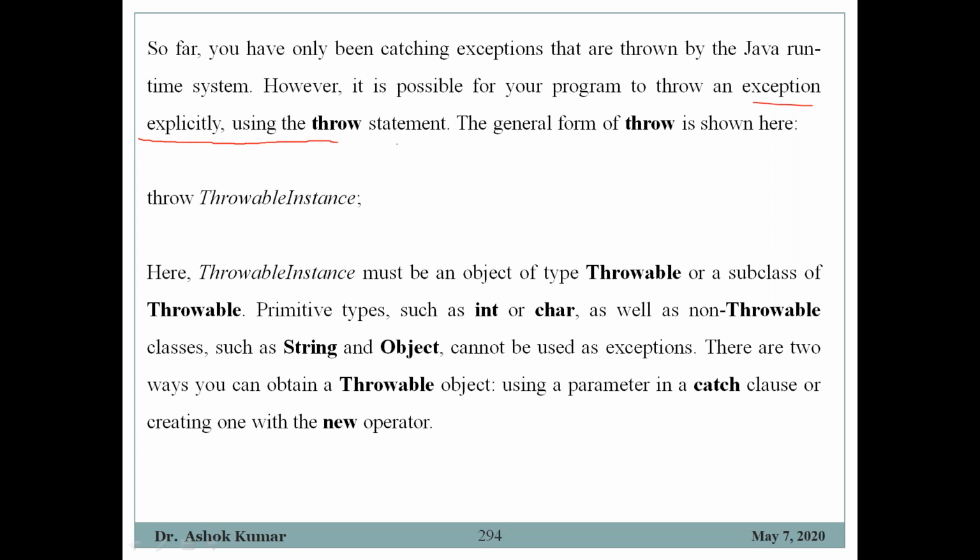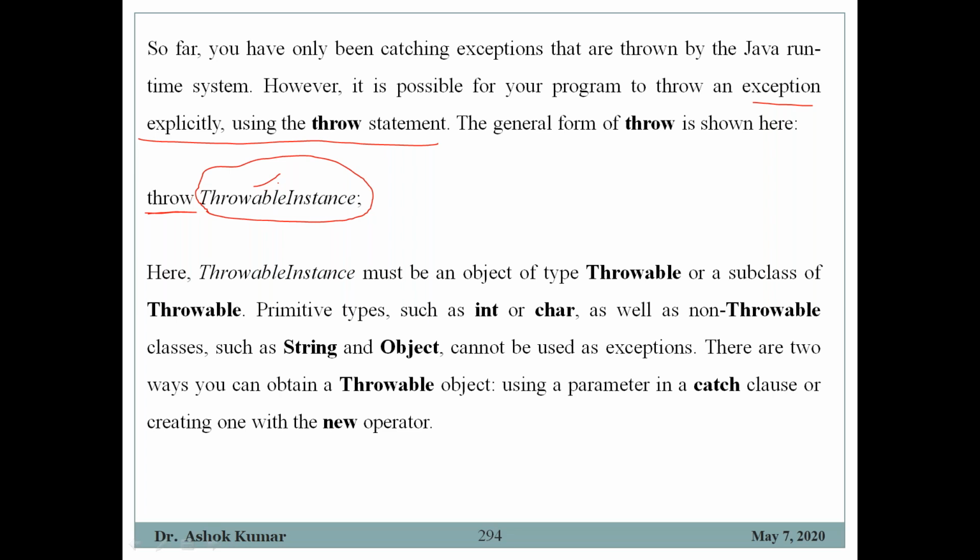The format of the throw statement is first you will use the throw keyword, and then the throwable instance. Here you will write the object that you want to throw. So you have to create the object of any inbuilt exception class, or you can create your own exception class and throw the object of that class.